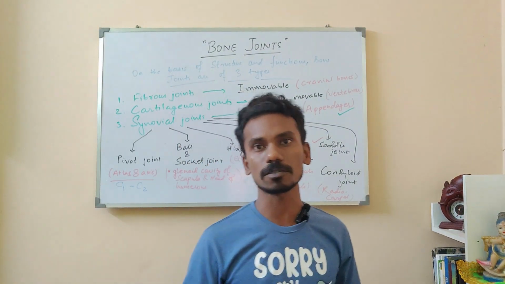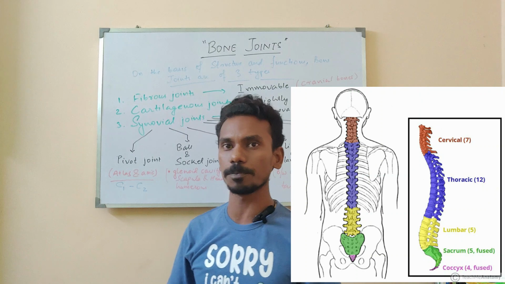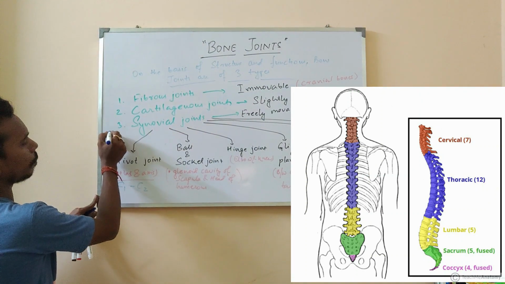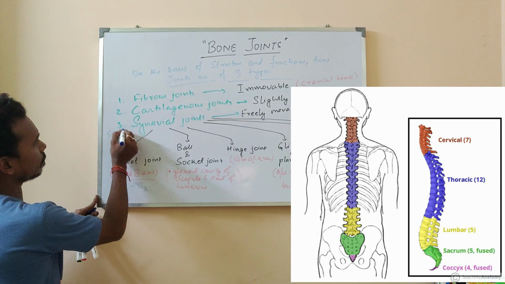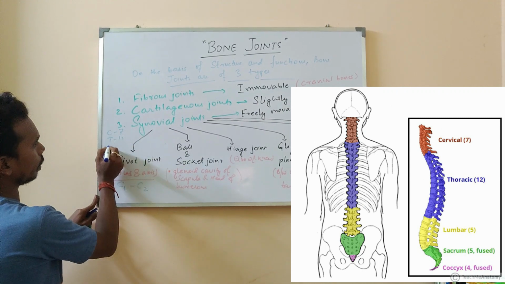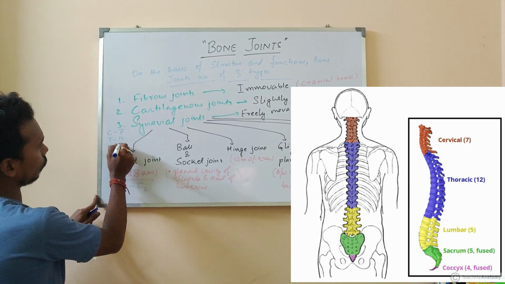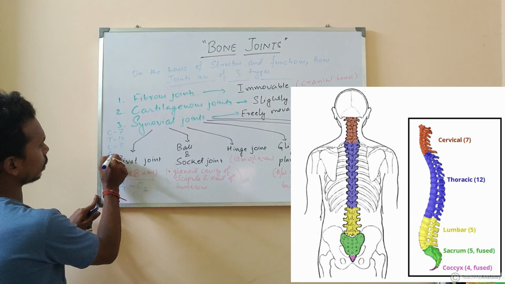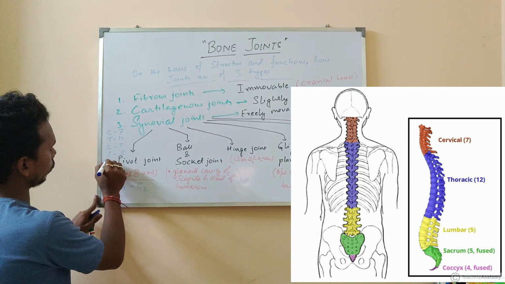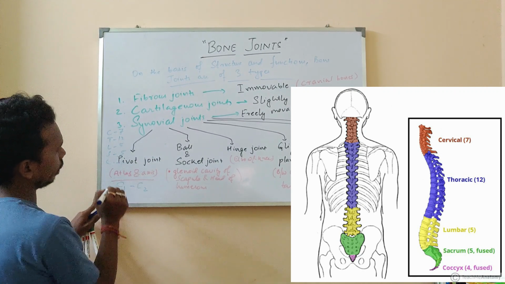Your vertebral column has various kinds of bones. The uppermost bones are the cervical, which are 7 in number, then thoracic, 12 in number, then lumbar, 5 in number, then sacrum, 5 in number, and the coccyx, 1 in number.